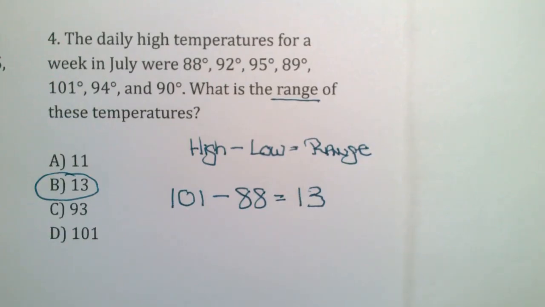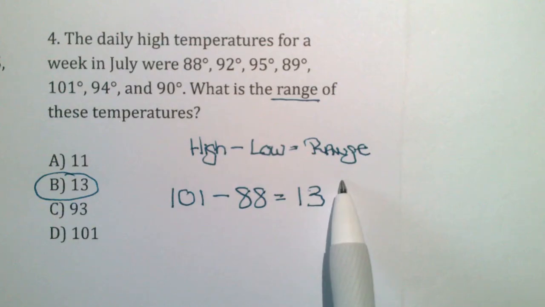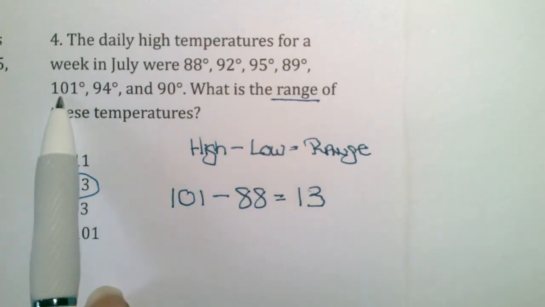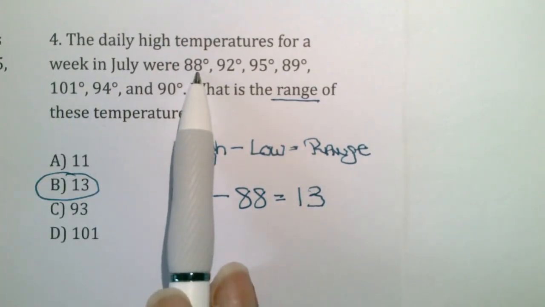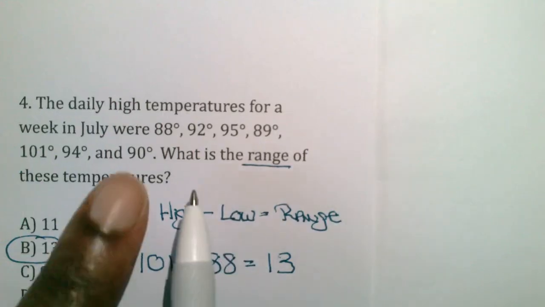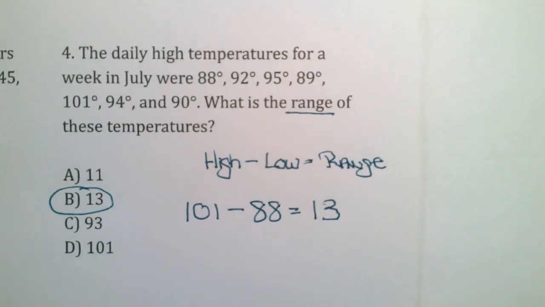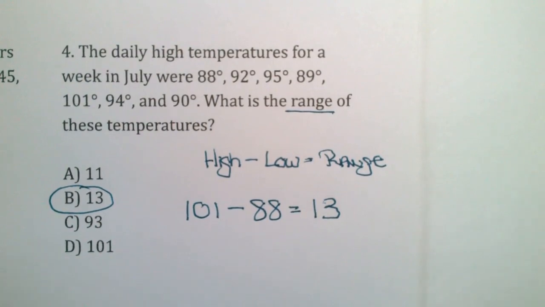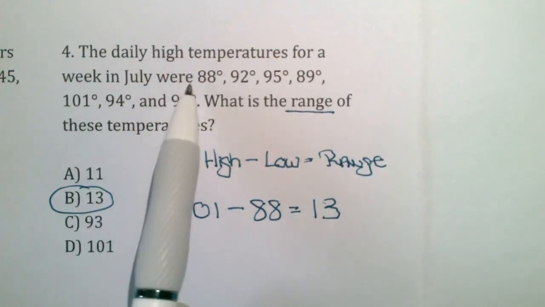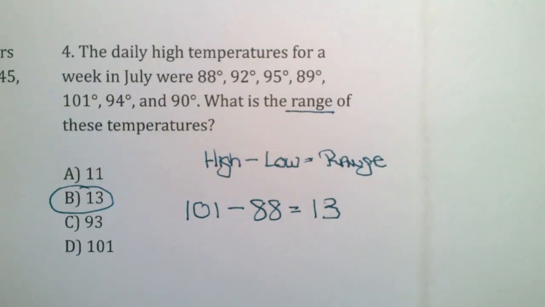Your mode is the most frequent, how often it happens, and your range is your highest minus your lowest, to find the variation of those two numbers. This one doesn't have a mode because there's nothing that's frequent.